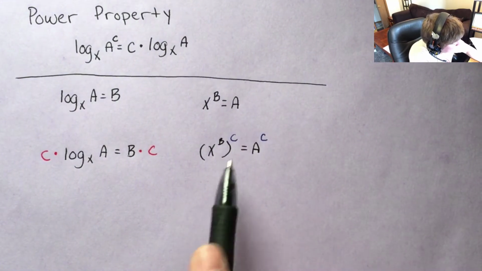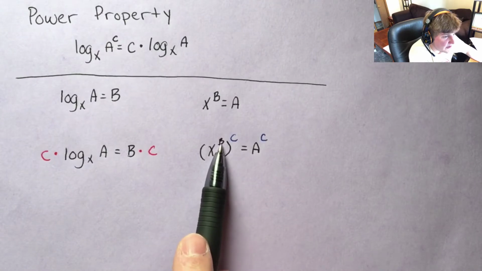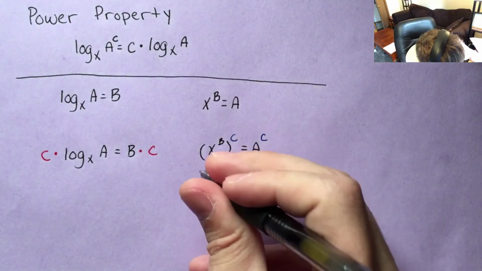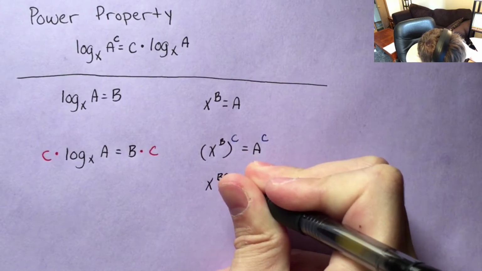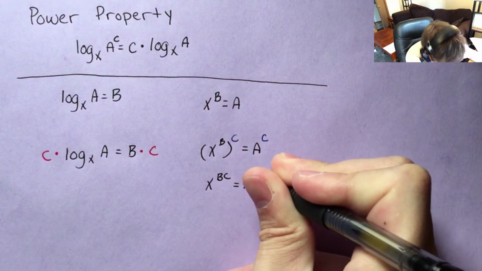What are our exponent properties? If I have a power to a power, then x to the bc is going to be equal to a to the c power.